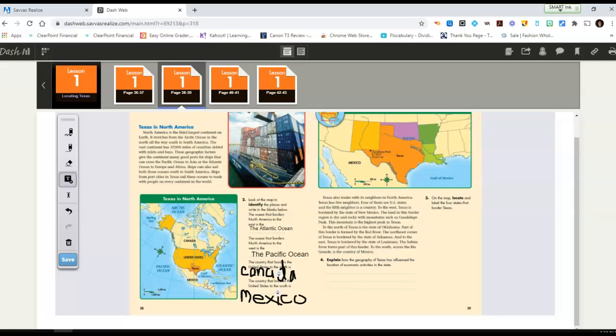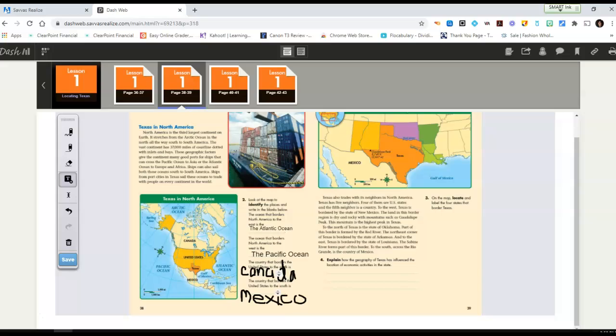So what else do you think? Do y'all remember when we read that ships do what? What do the ships do for the United States? Scarlet, what do ships do for the United States? They trade with other states in another country.